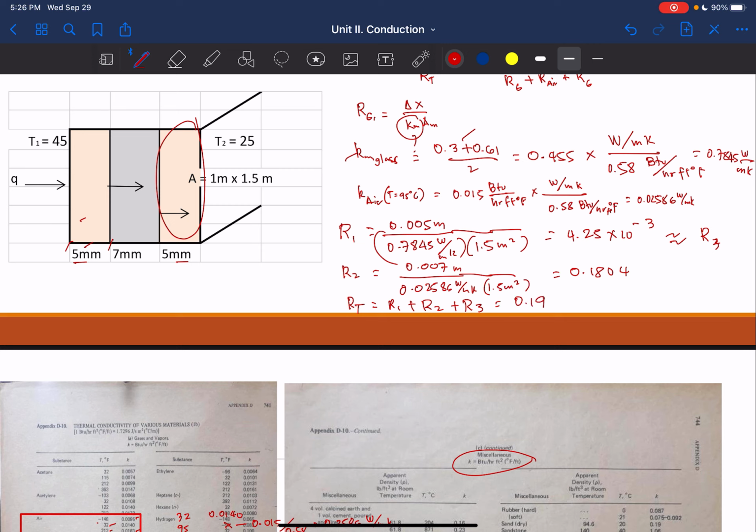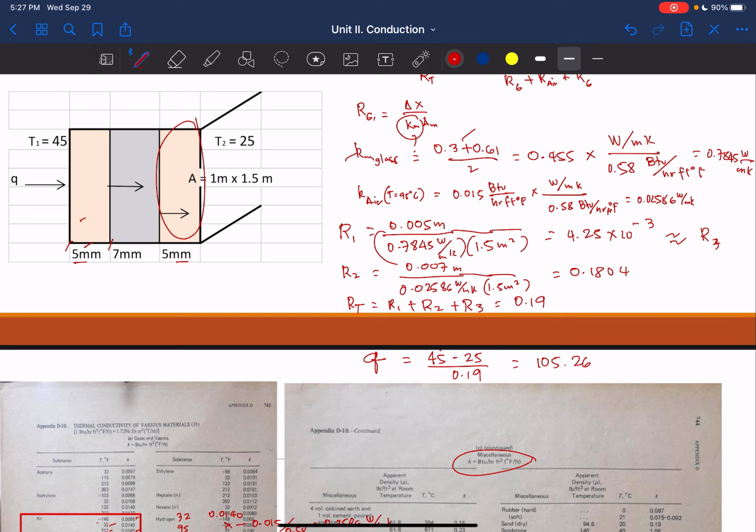Knowing RT, I could now solve finally for your Q. Q would be T1 minus T2, 45 minus 25, whether it's in Celsius or in Kelvin, just give you the same difference. All over 0.19, your R total, which gives you 105.26 watts.